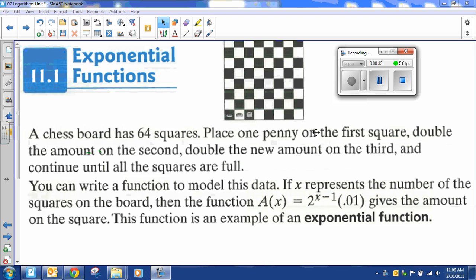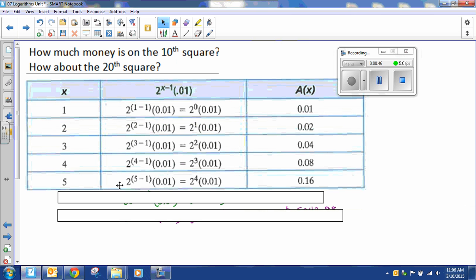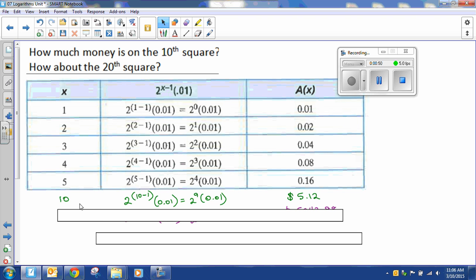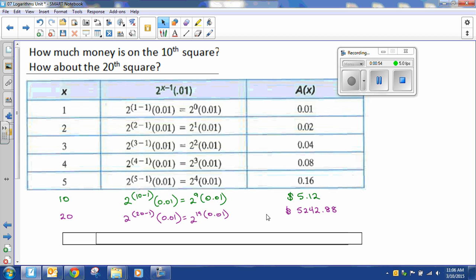And me being the naive student, I took the $100 a day for a month to get my $3,000. Little did I know that when you charted it out and put it in a table, you saw that on the 10th day, you end up with $5.12. On the 20th day, you end up with $5,242.88.